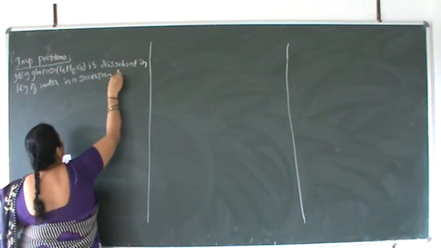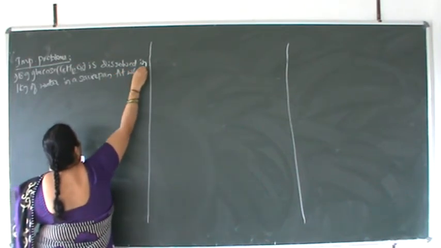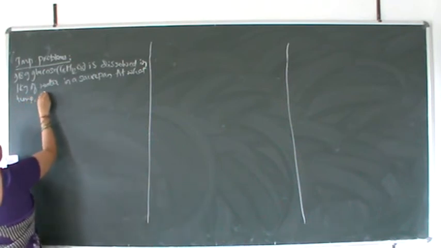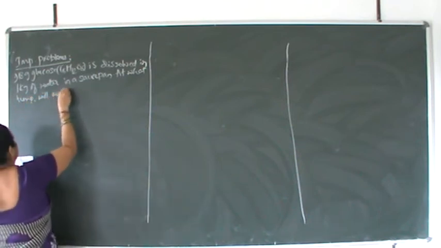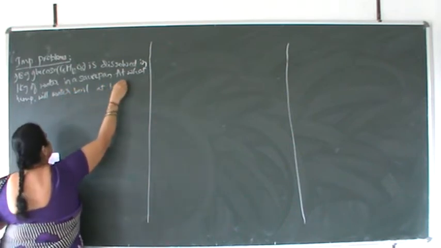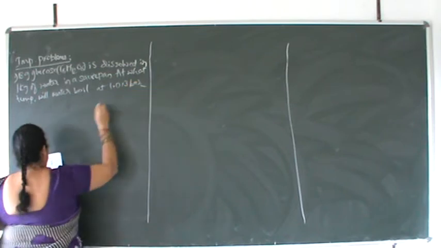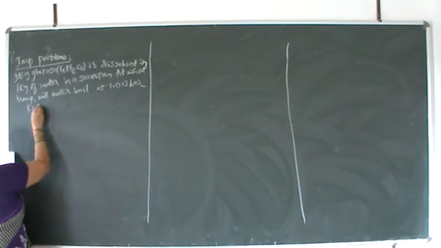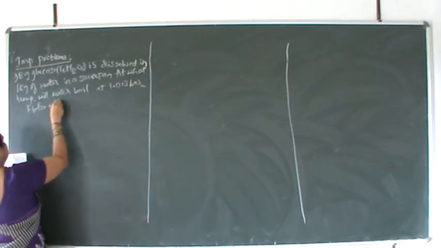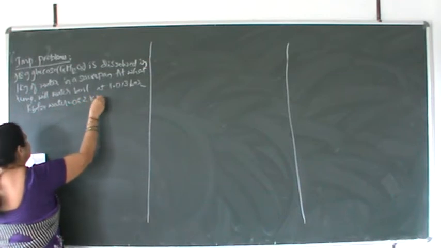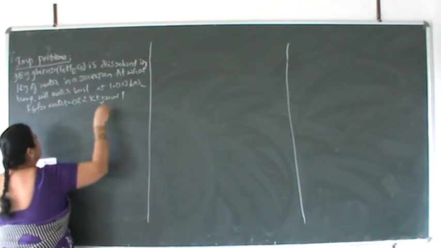At what temperature will water boil? At 1.013 bar. Kb for water is equal to 0.52 Kelvin kg per mole.